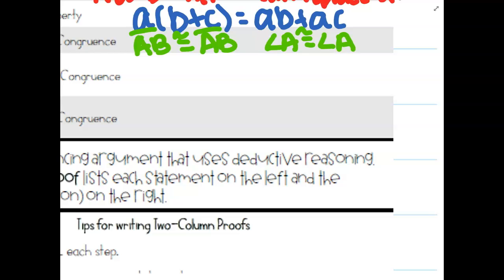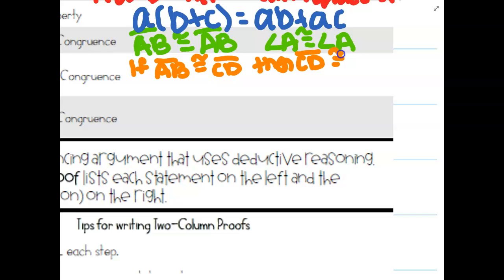And we have the symmetric property of congruence, which says if segment AB is congruent to segment CD, then segment CD is congruent to segment AB.